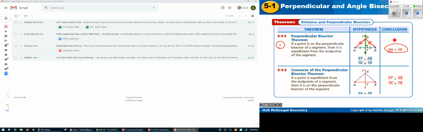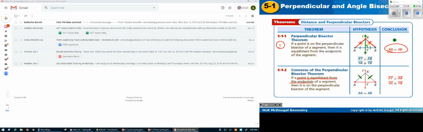The converse says, if a point is equidistant from the endpoints, so now we're going backwards, we look at the picture and we notice AX is congruent to BX. These distances are equal. If that point X is equidistant to the endpoints, then that point X must be on the line that is the perpendicular bisector. So what we can conclude is that XY must be the perpendicular bisector. XY is going to be perpendicular and it's going to bisect that line.